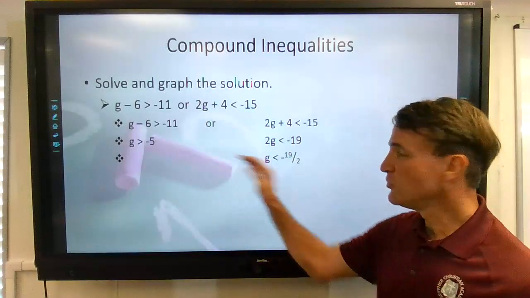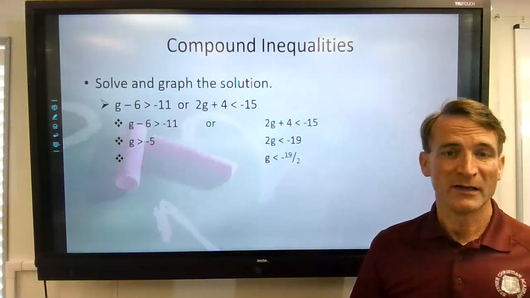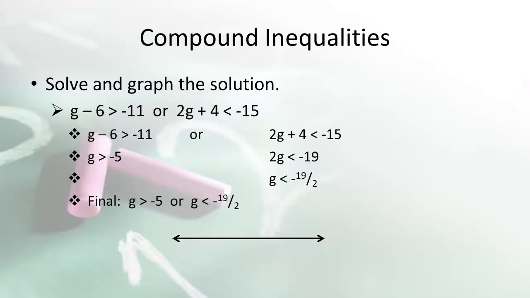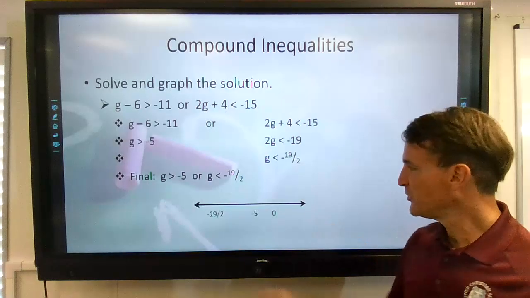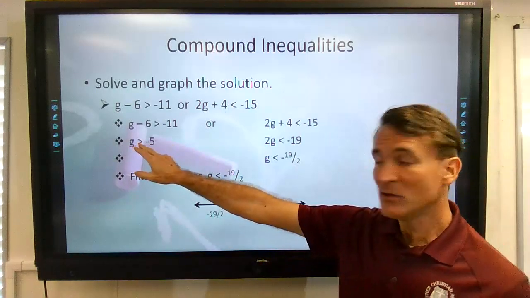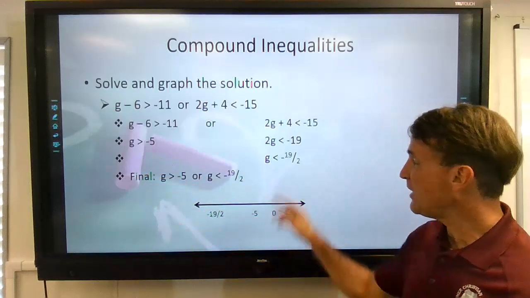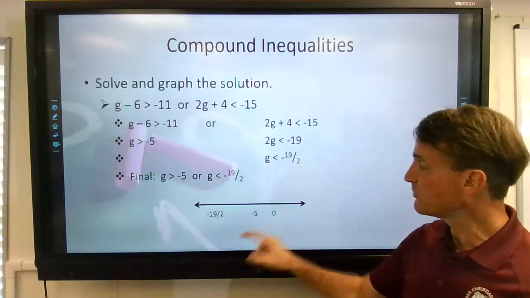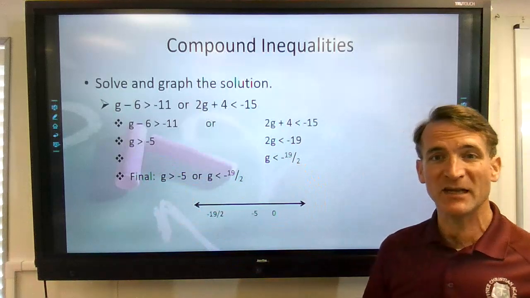And now I need to put that on a number line. So drawing out my number line, putting a negative 5, a negative 9.5, and you could use 0 or some other value, but those are the 2 points that I need. This one cannot be equal, so I'm going to put a circle at negative 5. It cannot be equal on this one either, so I'm going to put a circle at negative 19 halves.